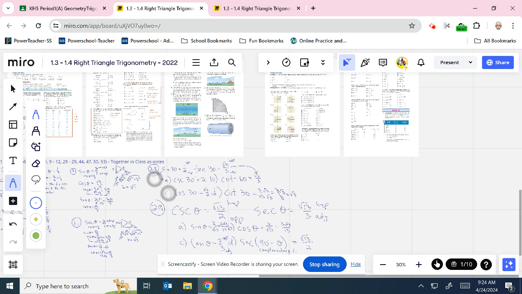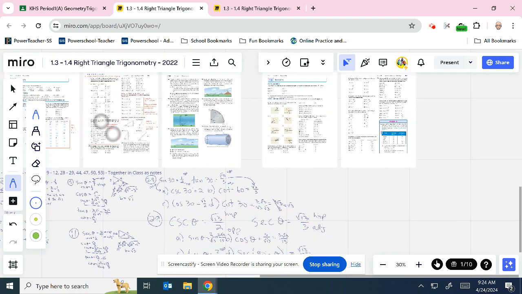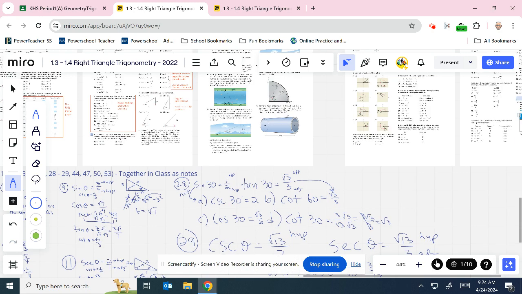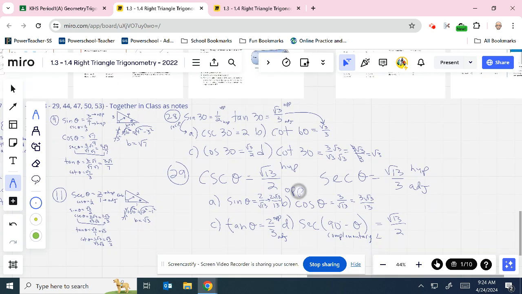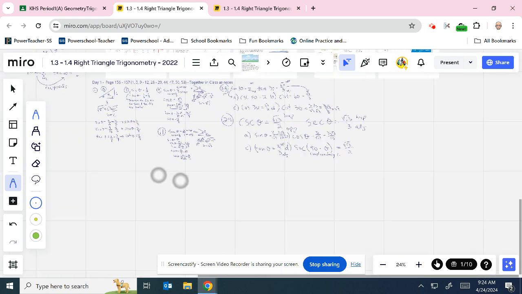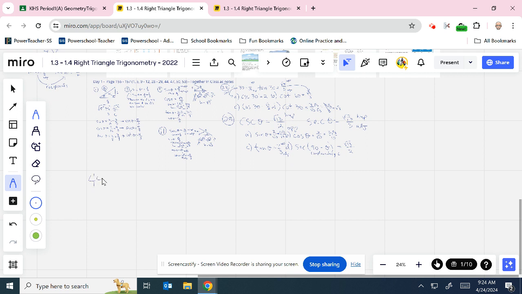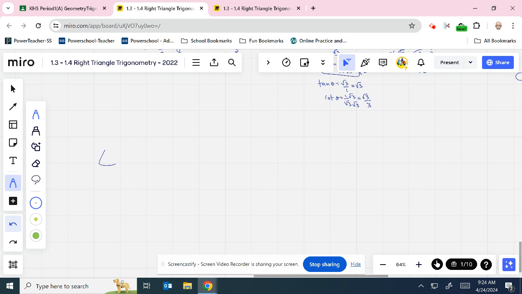Okay, let's go to 44. 44 is tangent of 23.5 degrees. Okay, so this is a calculator problem here now. Tangent of 23.5 degrees.